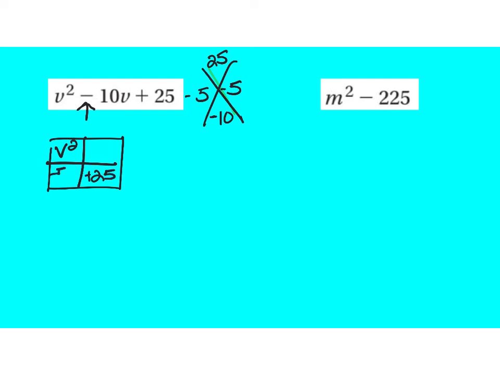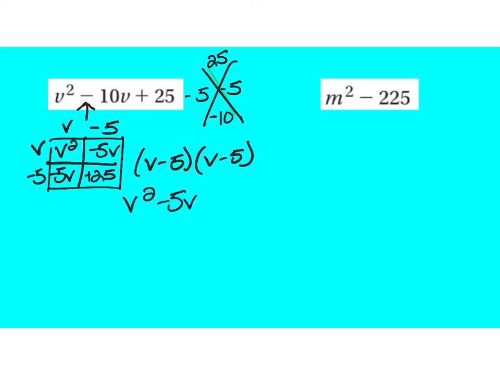Then I have a negative 5v and a negative 5v. Factoring out the greatest common factor, this would be v minus 5 and v minus 5. That gives v squared minus 10v plus 25. This is that negative 10v, which is what we have here. So this is good to go.